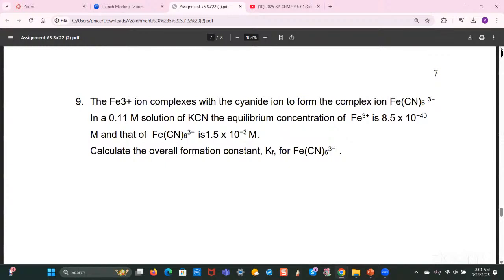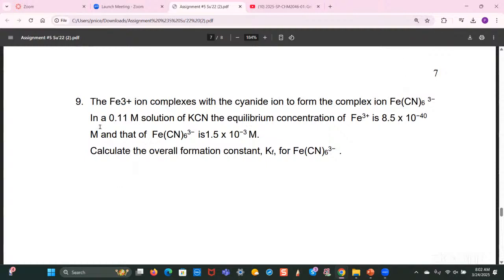It talks about the complex that is formed between iron 3 plus and the cyanide ion, to form this complex here, Fe(CN)6 3 minus. To be perfectly honest, I don't know what the name of it is. I know that there are IUPAC rules governing the names of these complexes.